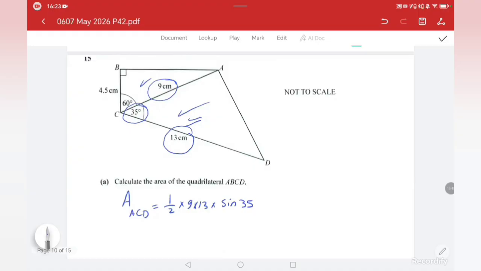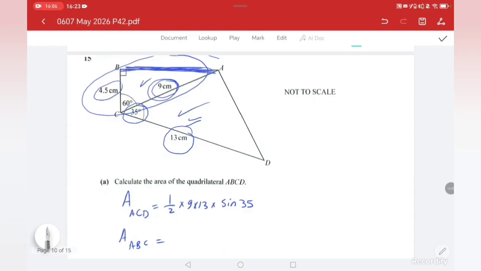So how about the area of ABC? Look, this one is a right angle triangle. You may say 1/2 the base times the height, but you have to find the height. So use Pythagoras to find the third side, or use trigonometric ratios.